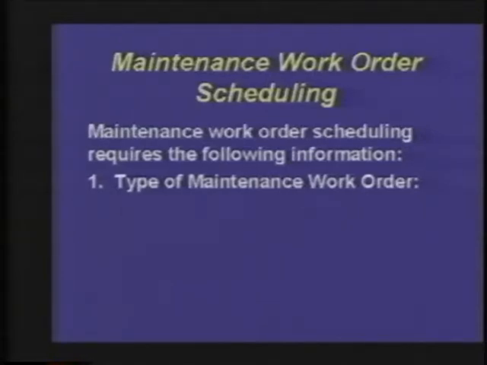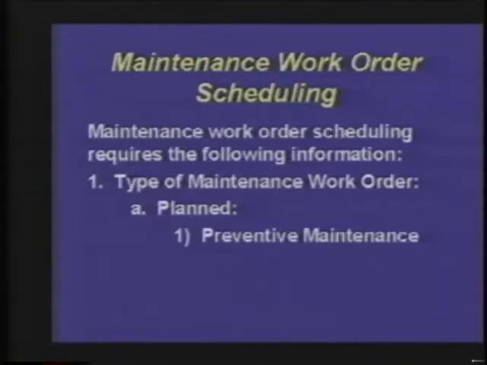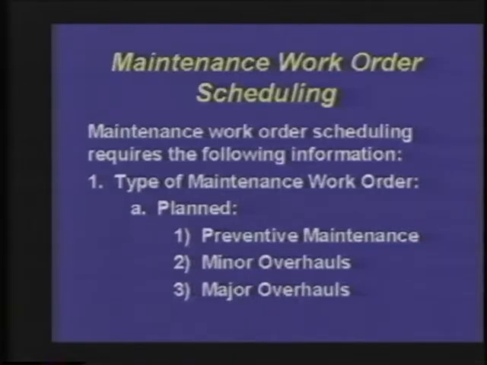And as we have done previously in prior sections, we're going to address the planned requirements and then also the unplanned requirements. The planned requirements are 1, PM work orders, 2, minor overhauls, 3, major overhauls, and 4, projects.